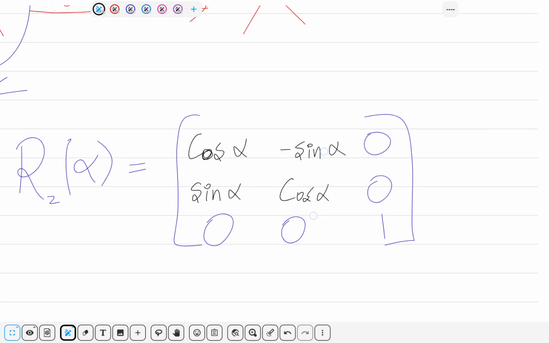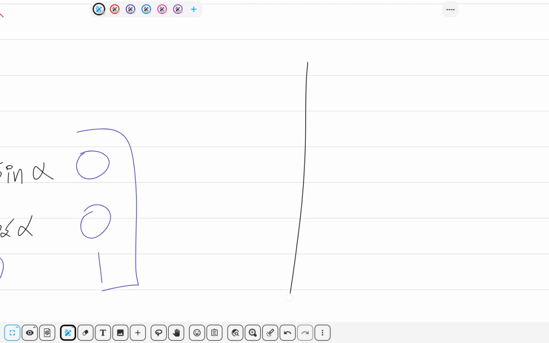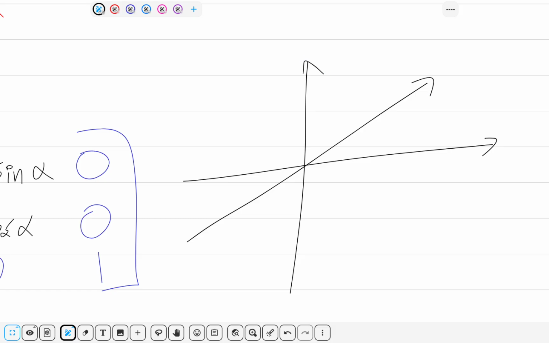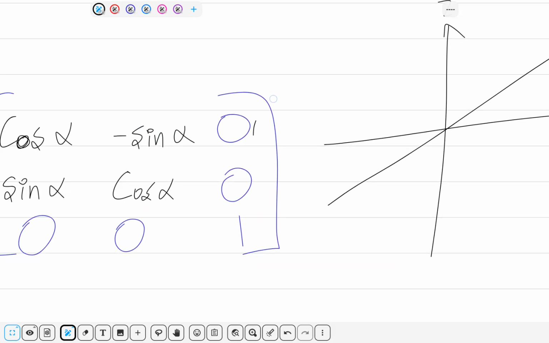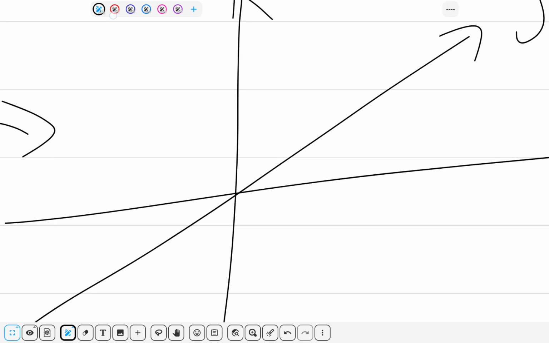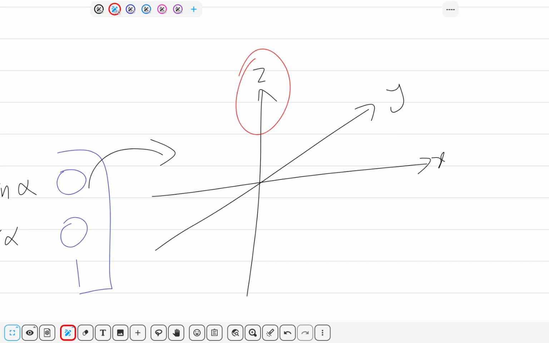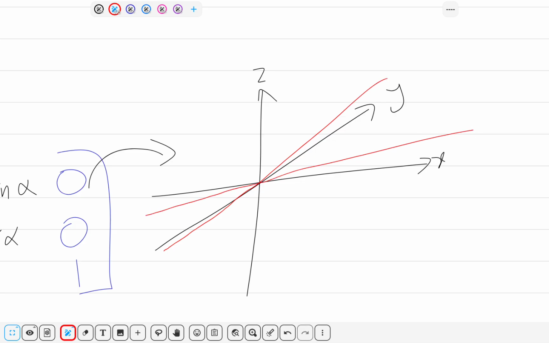So what will this do in a 3D space? Initially, if this was xyz, if I apply this matrix on this space, it will keep the z axis intact, and it will just do a rotation by angle alpha.